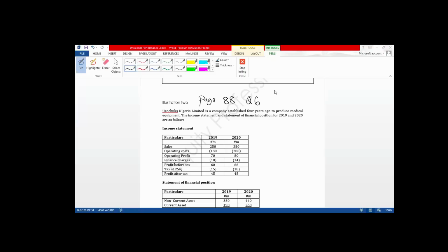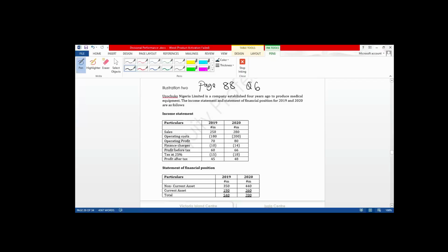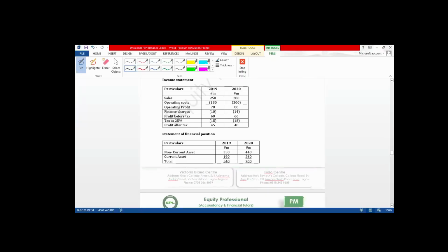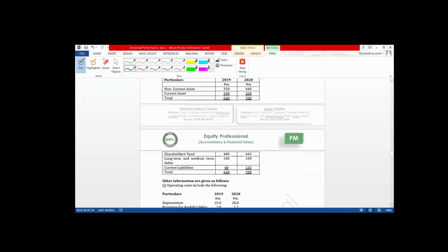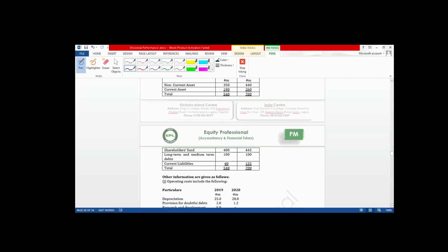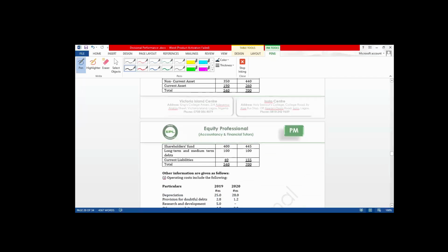You have the income statement. You have statement of financial position for 2019 and 2020.